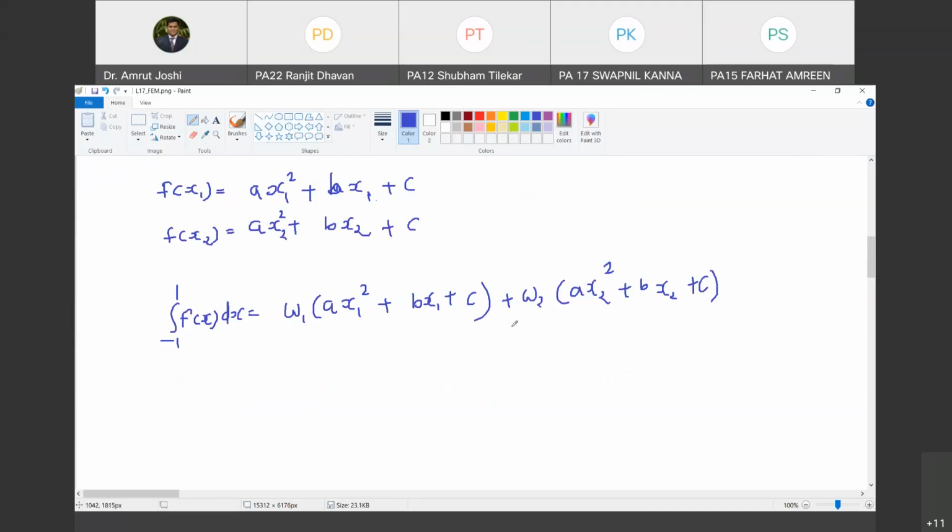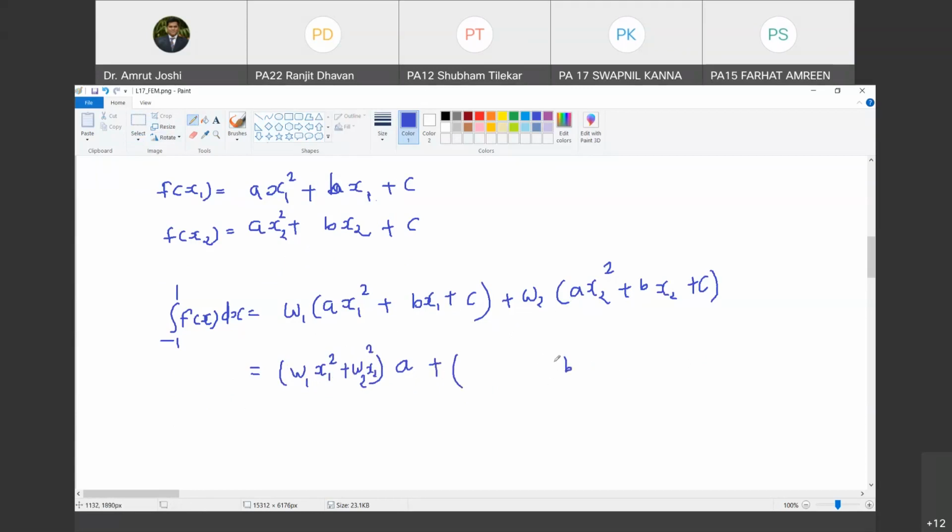Now can we collect terms in a, b and c? So let us collect terms in a. If I collect terms in a, what do I get? In first case, it is w1 x1 square. Happy? And in the second equation, it is w2 x2 square. Now let me collect terms in b.